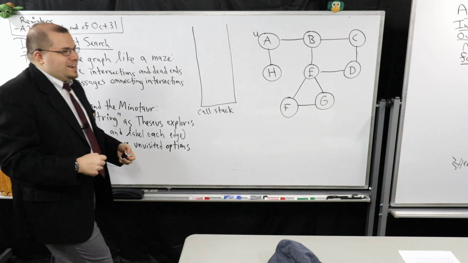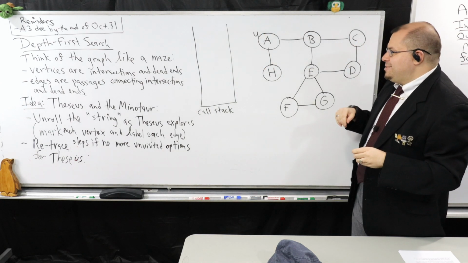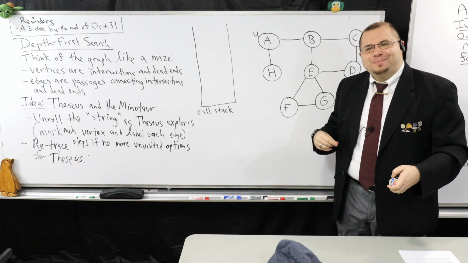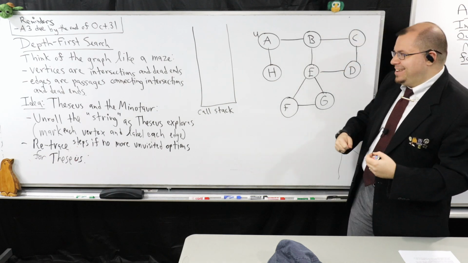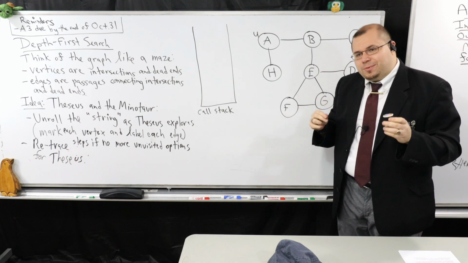And unfortunately there's a really spooky monster in there. Well, it's a very misunderstood monster. It's called the Minotaur, a half man, half bull. We're not going to talk more about the backstory of that; I talked about that last day. But I want to talk about depth-first search in relation to this.